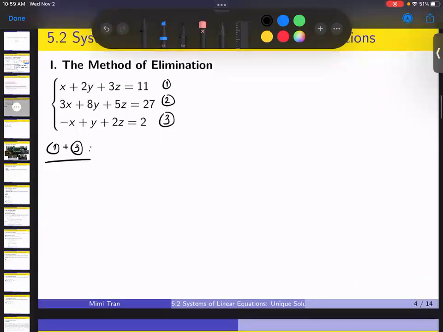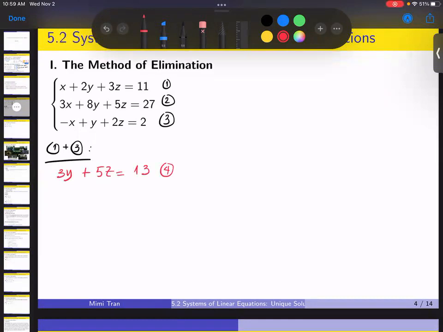So equation 1 add equation 2. What is the new equation? y plus y. Very good. I'm going to call it equation 4.